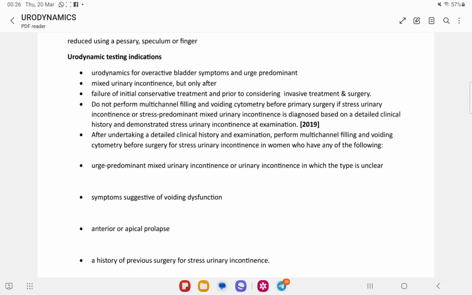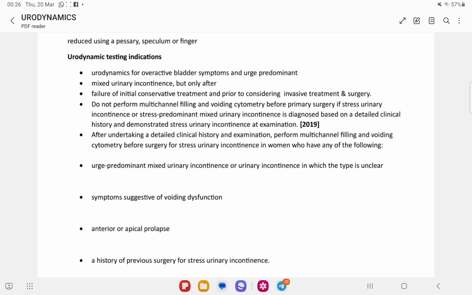Now you should be very clear about the indications for urodynamic testing. These are very important because once you want to go for the urodynamic test, there should be a certain indication. This is what you would be telling your examiner, and this is what you would be telling your patient in routine practice.